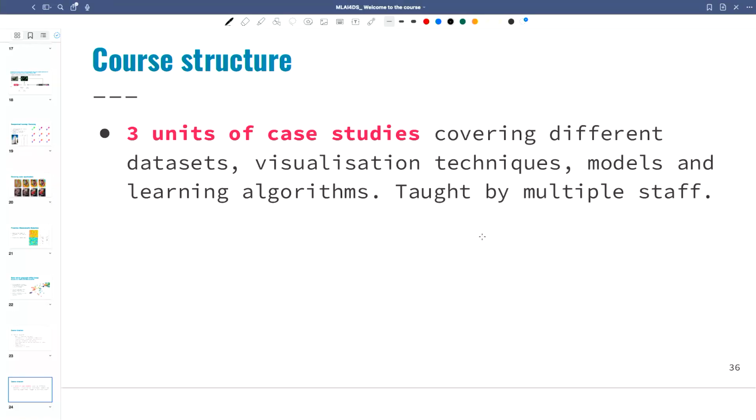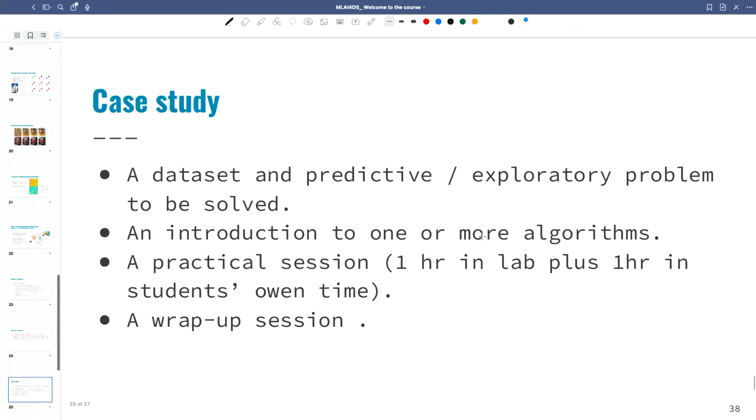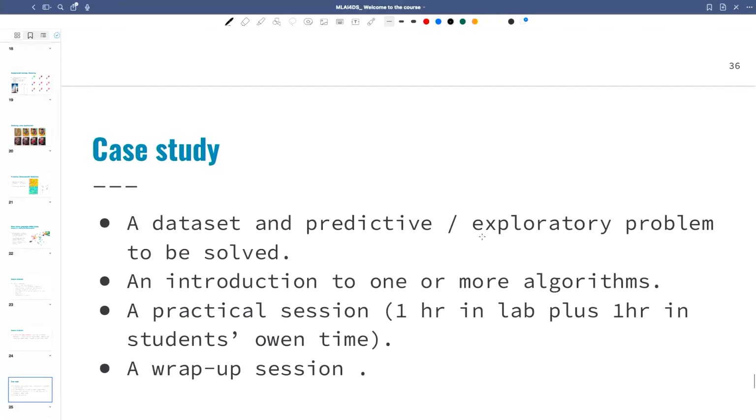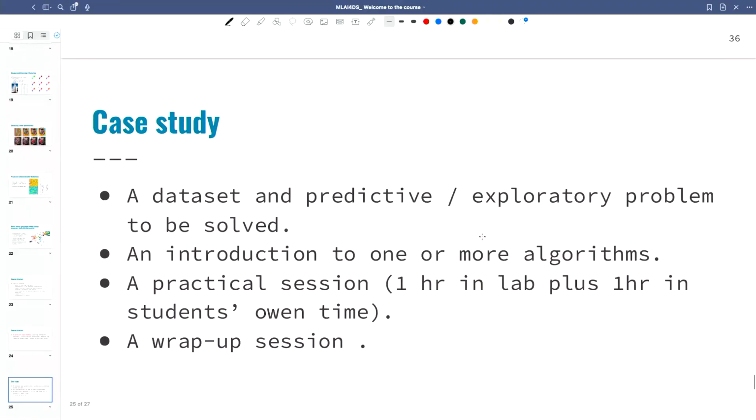If I find, then you have to choose 2 out of 3, and then you're going to write a report, and you're going to submit your piece of code, and it's going to be assessed by us, and these are called case study. So each coursework is a case study, which means that it's a data set, and it's an exploratory problem to be solved and to be learned from.